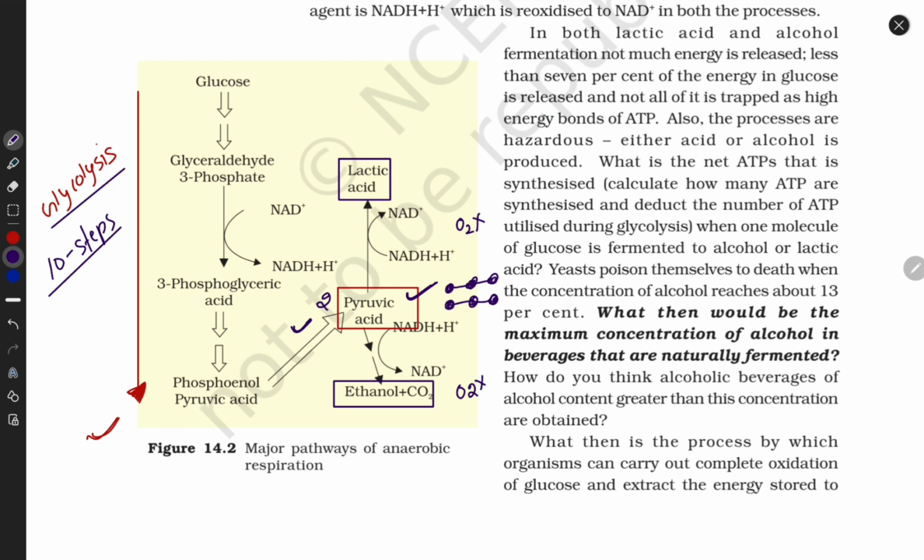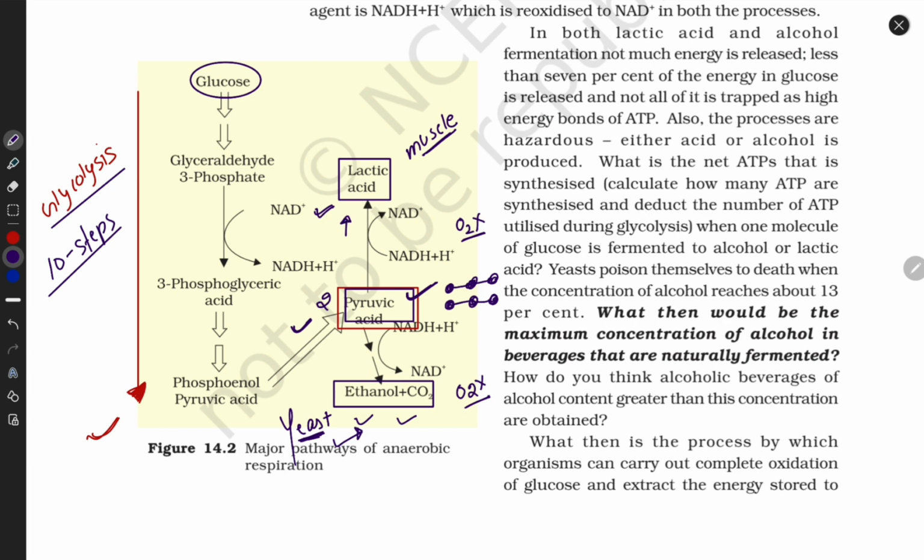I repeat again, the end product of glycolysis is 2 molecules of pyruvic acid. In the absence of oxygen, we get lactic acid in muscles, and we get ethanol and CO2 by yeast.